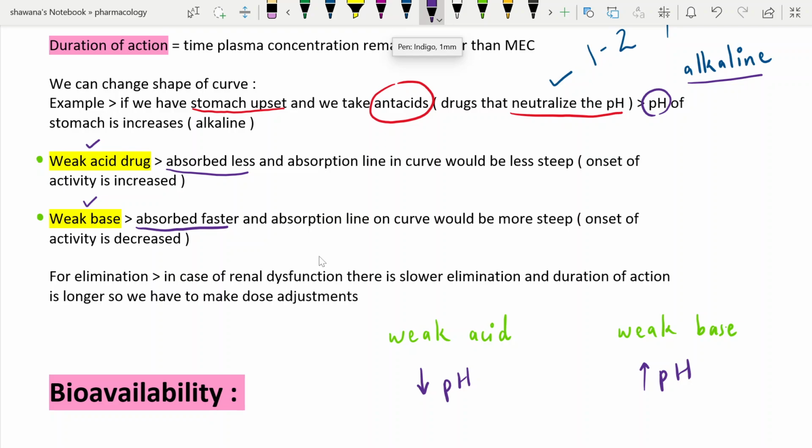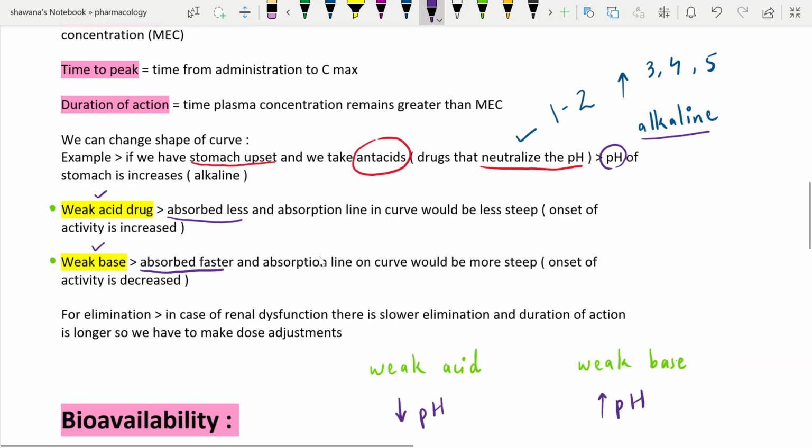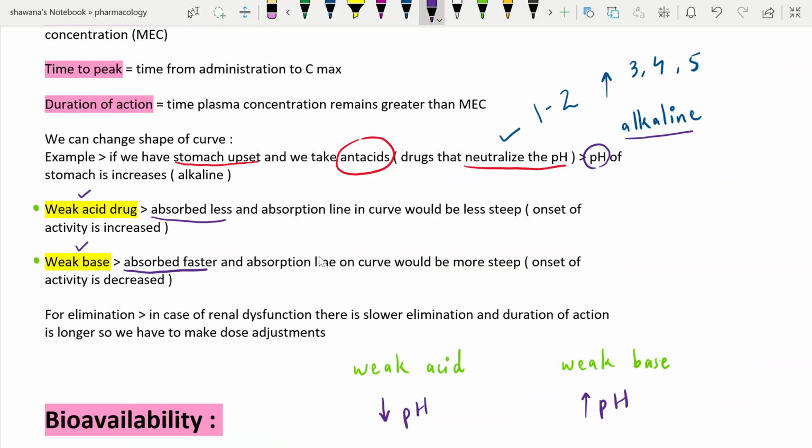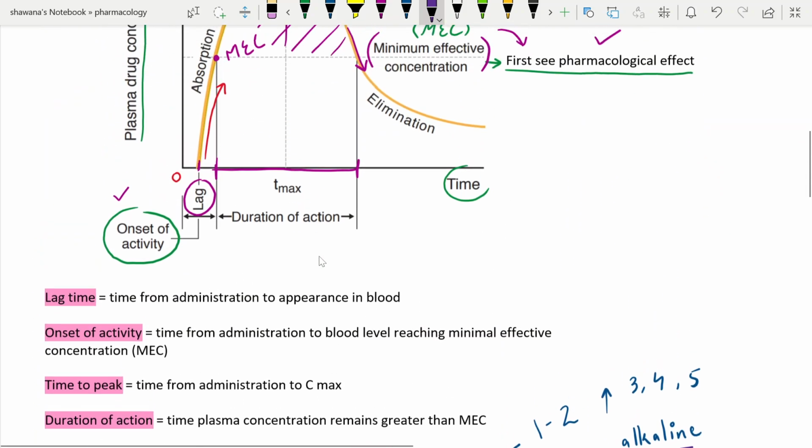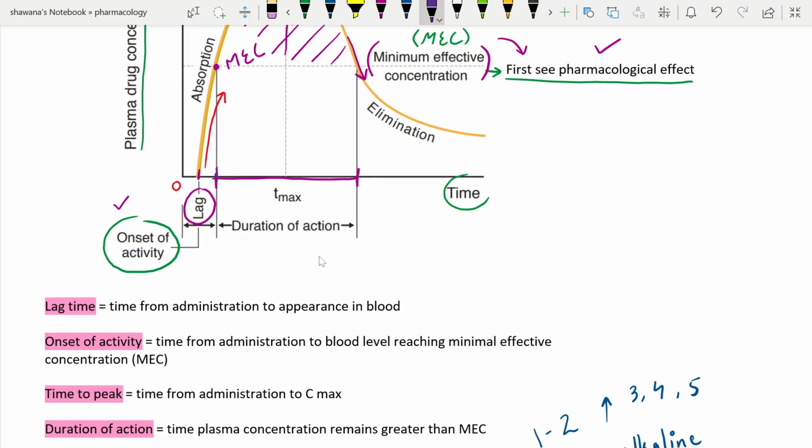And when the weak bases are absorbed faster, what is the onset of activity? Is it increased or is it decreased? It is decreased, because it is absorbed very rapidly, weak base in this particular example. So onset of activity is decreased and we see the pharmacological effect of the drug more rapidly.